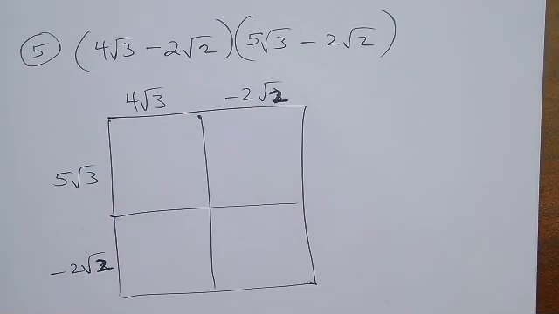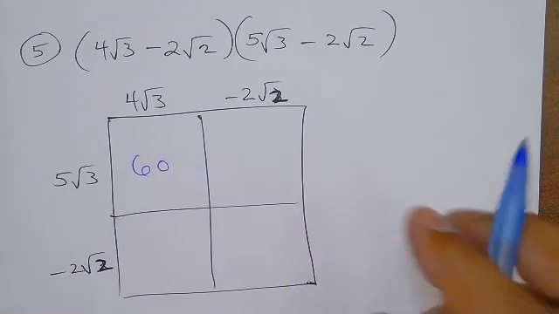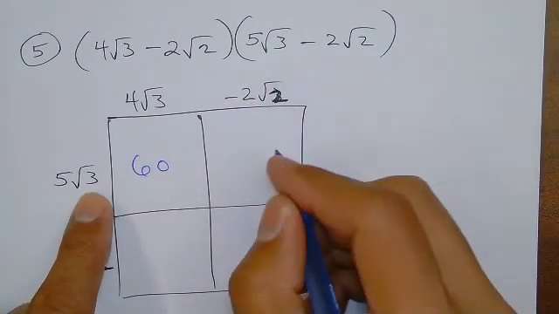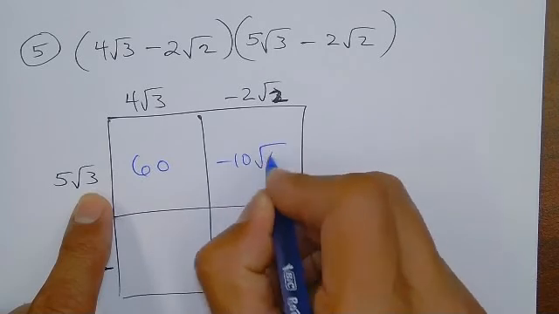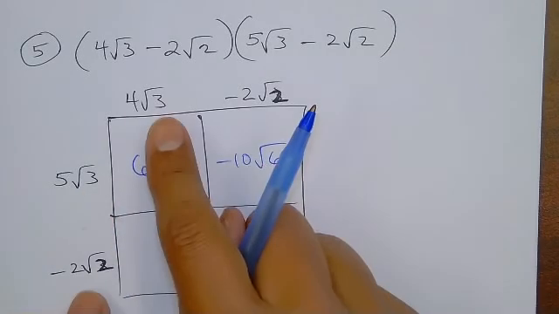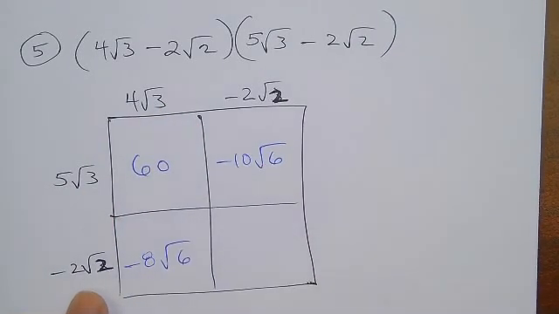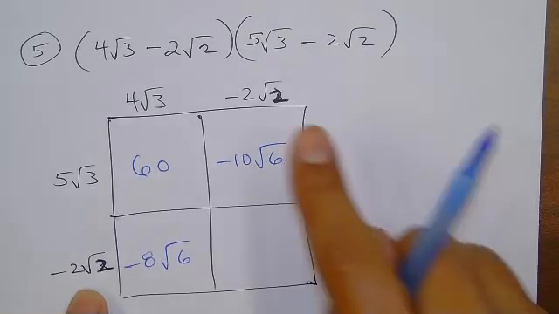Okay, multiply these two. I'm gonna get 4 times 5 is 20. 20 times 3. I got 60. Anybody got 60? You got that part right. And this times this, whole numbers with whole numbers, negative 10 root 6. Is that right? And this one's also going to be negative 8 root 6.